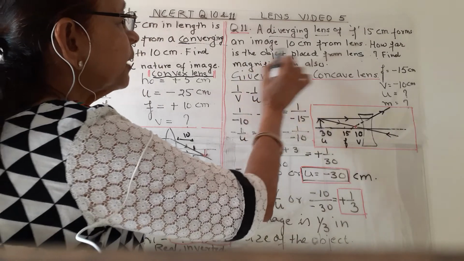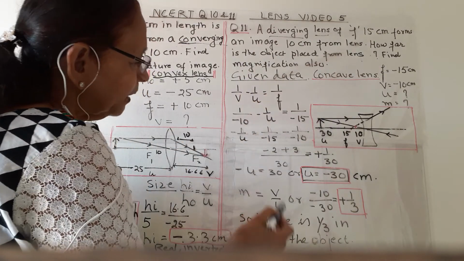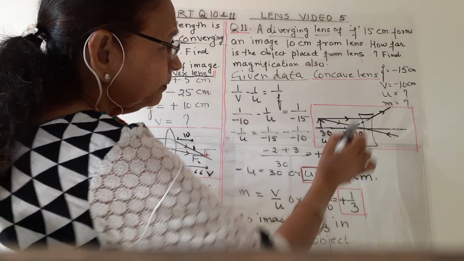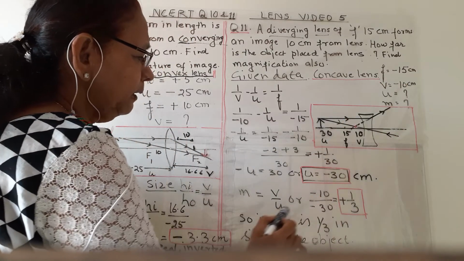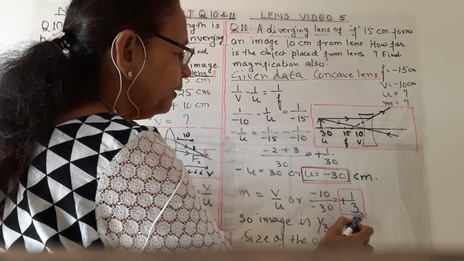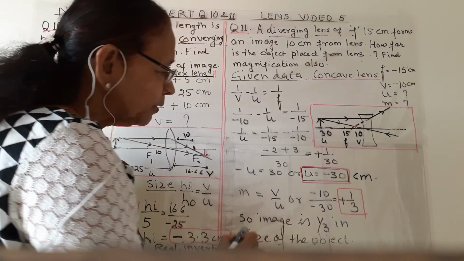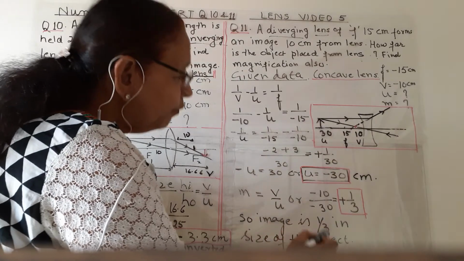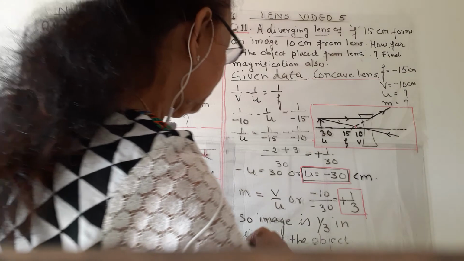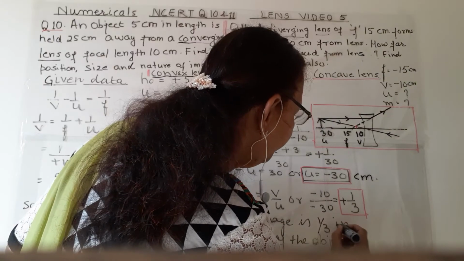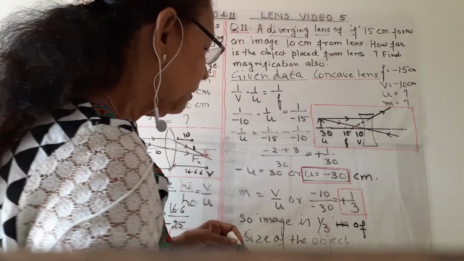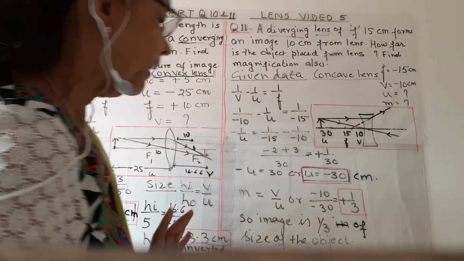Now we have to calculate magnification also. The formula is v by u. We put the values: v is minus 10, u is minus 30, minus minus plus, so it will be 1 by 3. So the image size is 1/3 of the size of the object. This is the magnification.